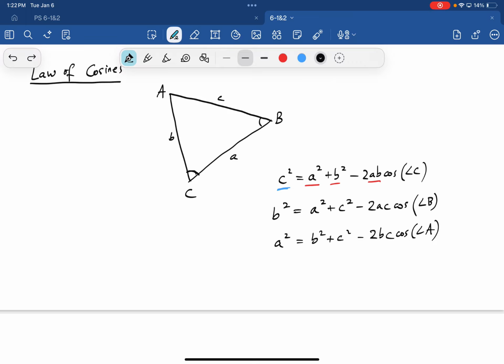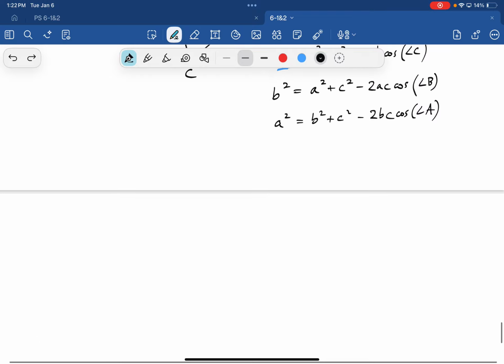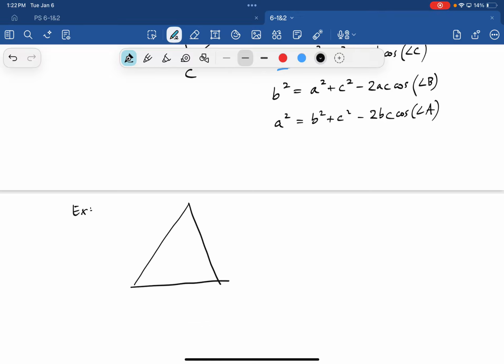Let me go through an example. Let me do an example that's similar to question 3, let's say. So let's say we had triangle A, B, C. And let's say we are given 3 sides, but we don't know any angles.